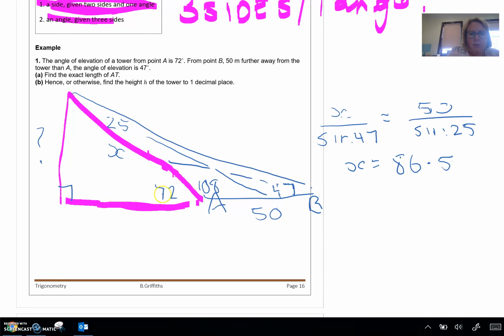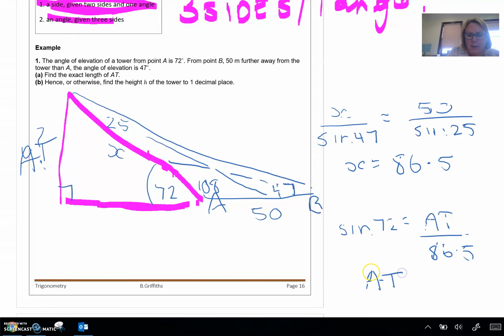Now I've got a right angle triangle with this angle, opposite over hypotenuse. So sine 72 is my unknown, we'll call it AT, over the hypotenuse I just found, 86.5. So AT is 86.5 times sine 72, which is 82 metres.